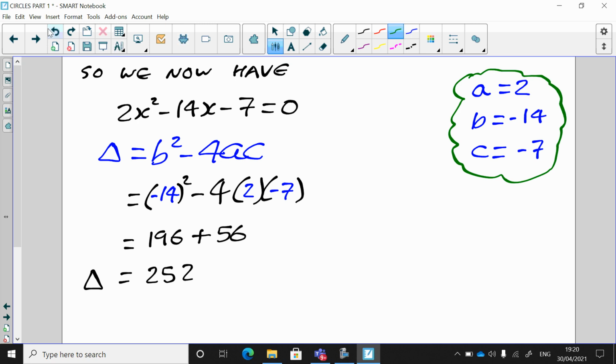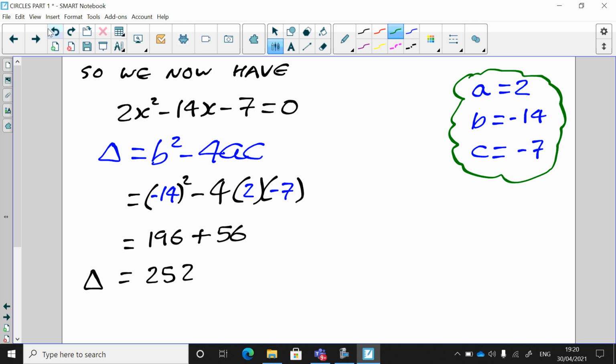What does that 252 mean to me in terms of what I was looking at here? I was looking at this thing called the discriminant. Why was I looking at the discriminant? We've got three things here. It's either positive, negative, or zero. That's all we're interested in. That number 252, what is it?